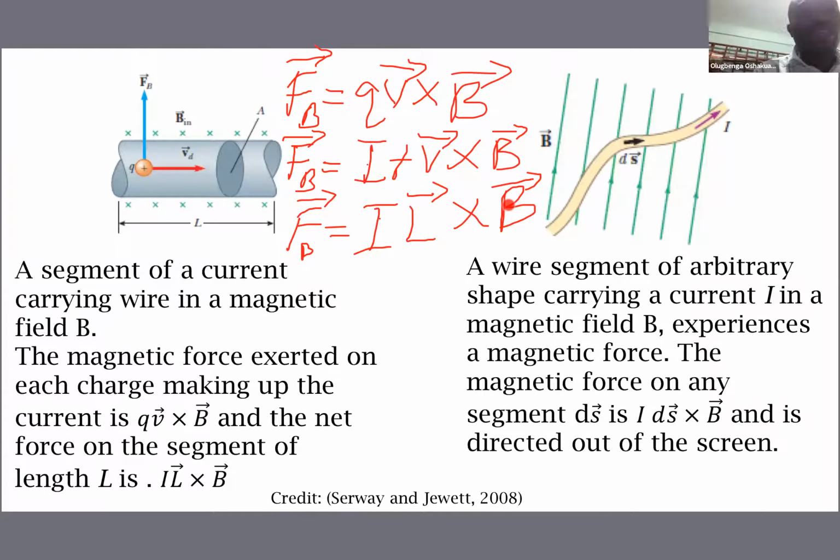And the maximum value you would have will be F_B, also a vector quantity, perpendicular to both L and B.